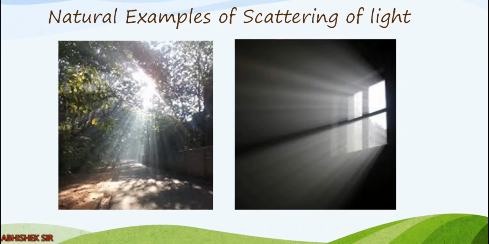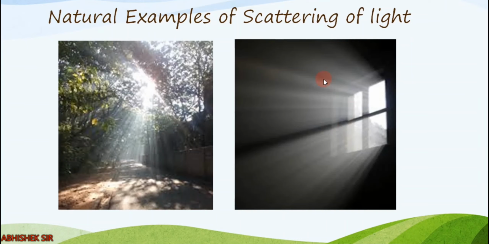Here you can see the natural example of scattering of light which we just now talked about. You see a dense canopy of forest where leaves and branches are so close. If the sunlight is entering, the dust particles scatter the light. That is why you can see the path of light coming below. So this is nothing but Tyndall effect.